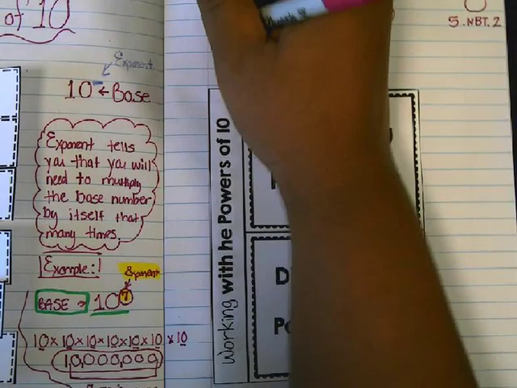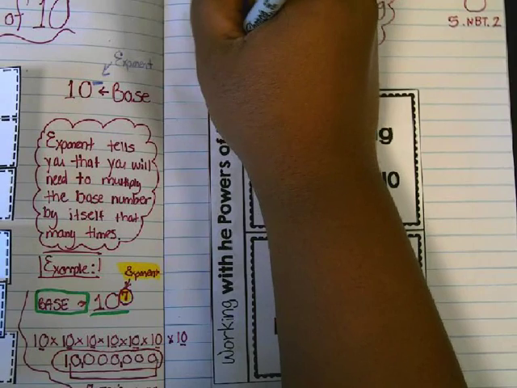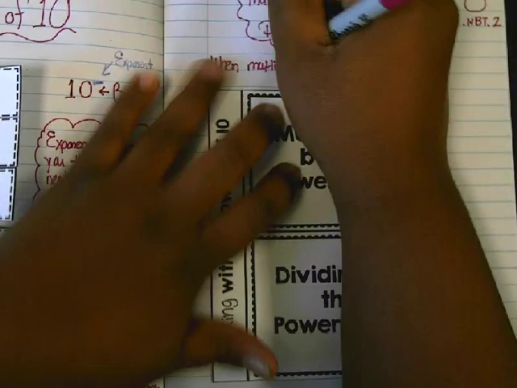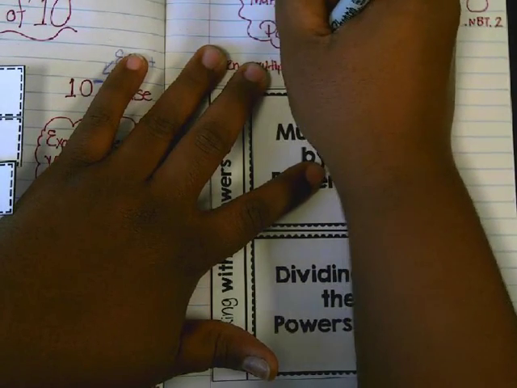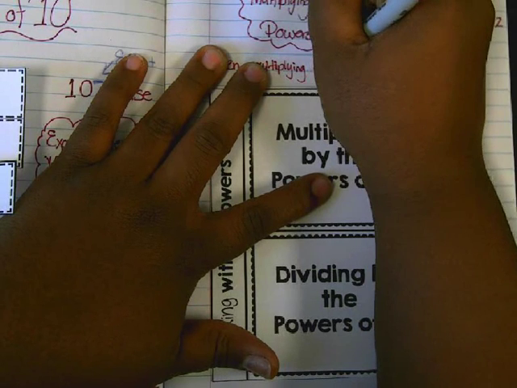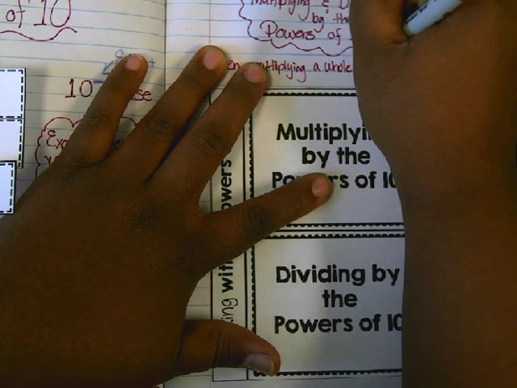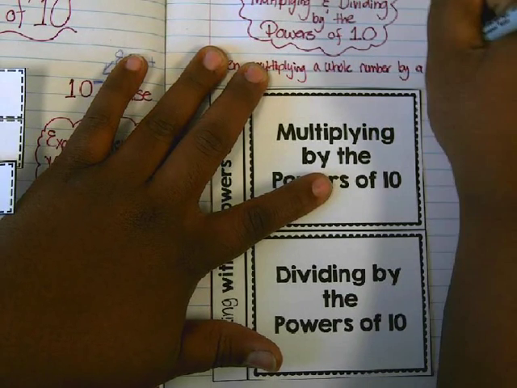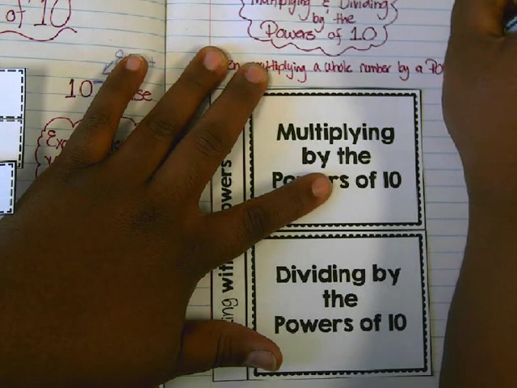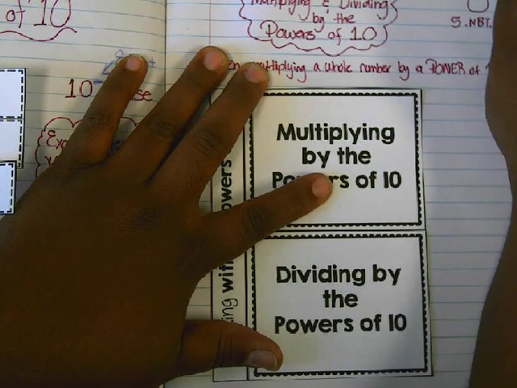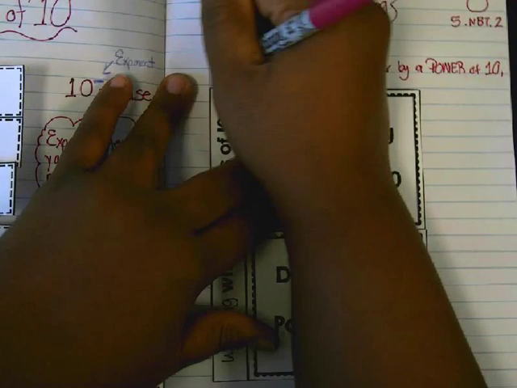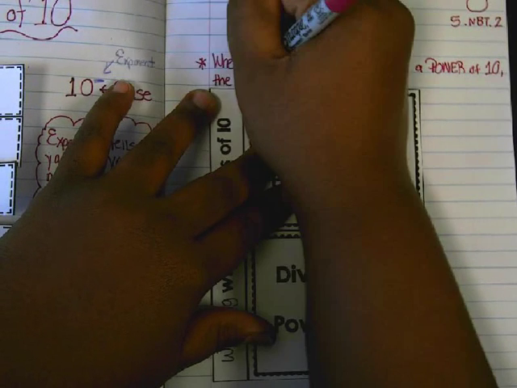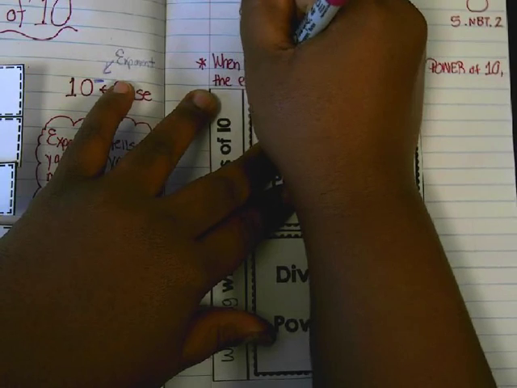So when multiplying by a power of 10, oh, look, the exponent has another job.